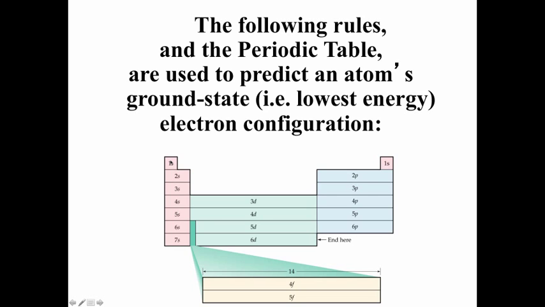And one way to remember the ordering is, as we start in the upper left corner of the periodic table, we go from the 1s orbital, then to the 2s, and then the 2p orbital, then to the 3s, then the 3p orbitals, then 4s, then 3d, then 4p, then 5s, 4d, 5p, then 6s, down into the lanthanides for 4f, then 5d, then 6p, and finally 7s, 5f, 6d, and that gets us through all of the naturally occurring elements.